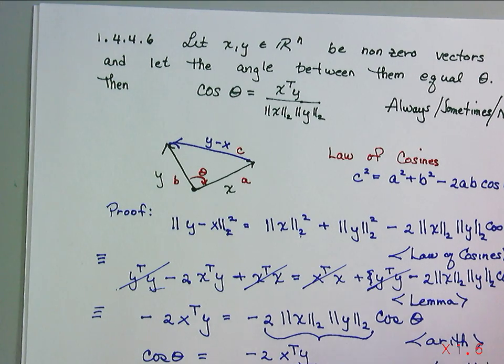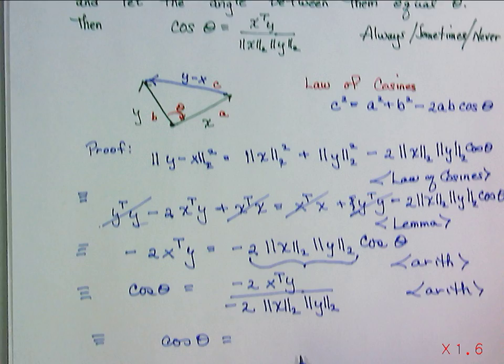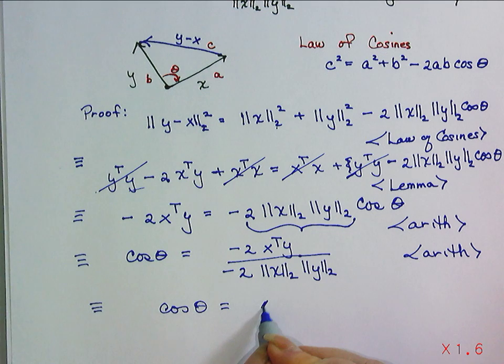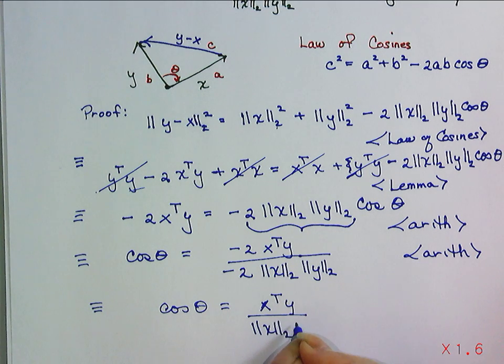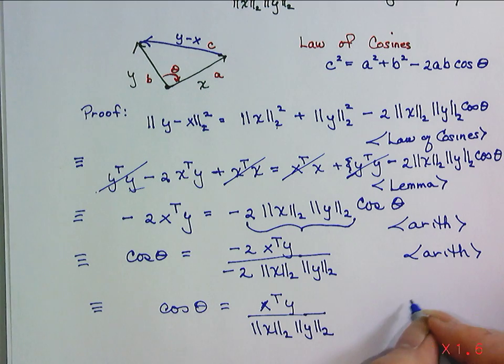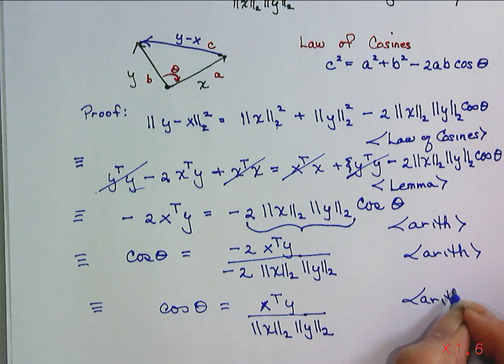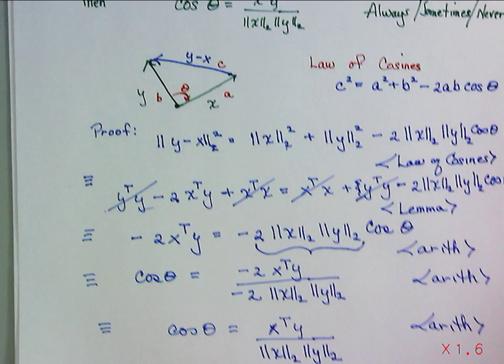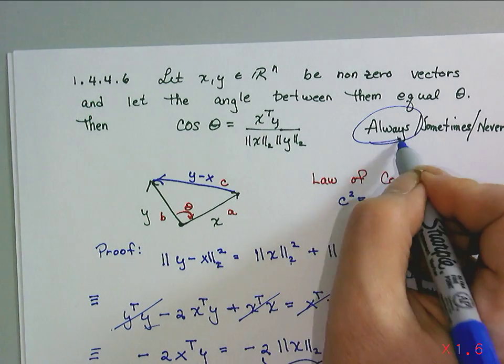And clearly we can simplify, and this gives us that the cosine of theta must be equal to x transpose y divided by the length of x times the length of y, which is exactly what we wanted to prove. So yes, it is always true.